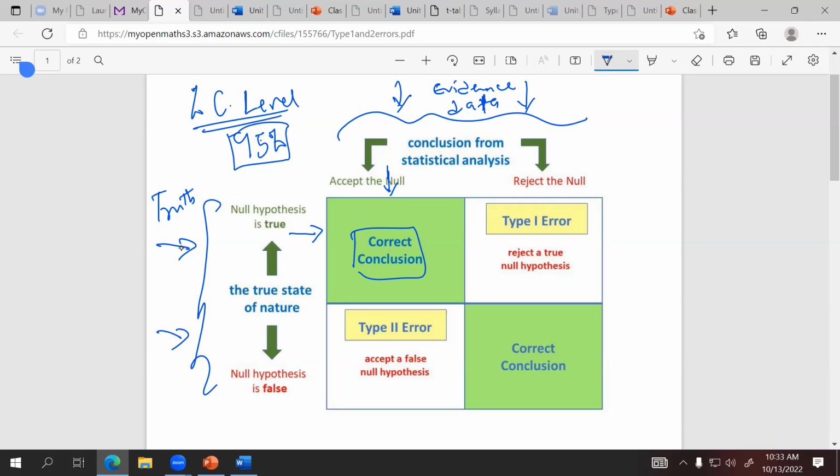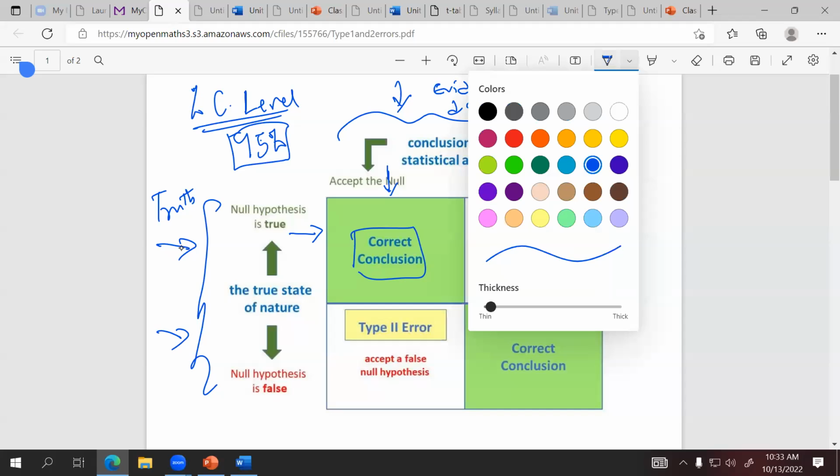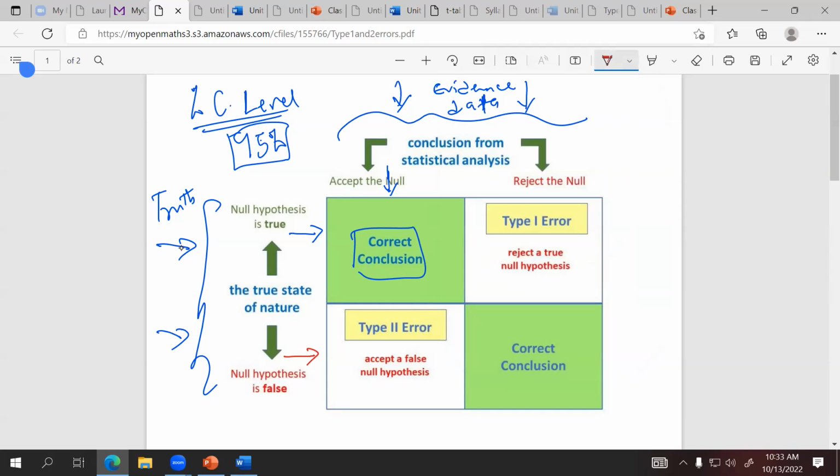If a situation is false, let me get this right. If a situation is false, like the reality of what we know says that situation is false, but again, somebody collects some data and finds evidence that the situation is true, then that person has made an error. That is where type 2 error comes in.